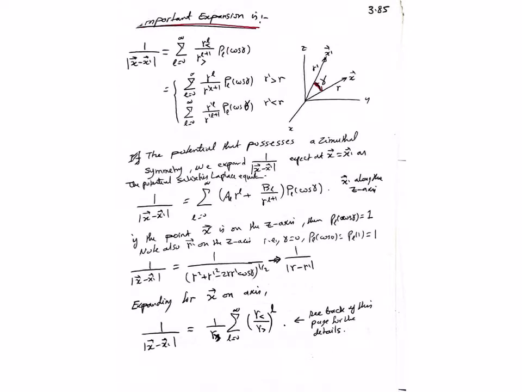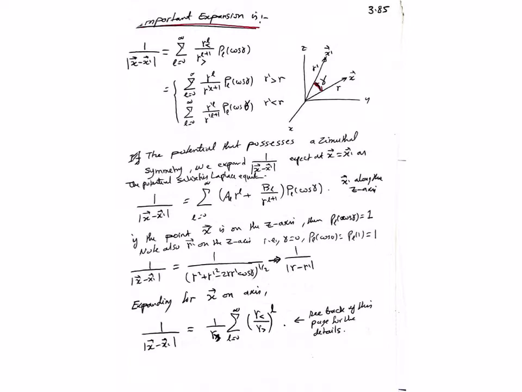Now we have to expand 1 over x minus x prime. We know x represents a field point and x prime represents a source point. This is the potential due to a point charge of 1 electrostatic unit.